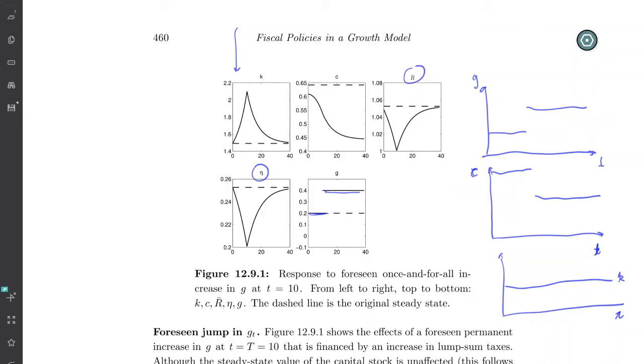And you should ask yourself, why doesn't it happen? It doesn't happen in competitive equilibrium. And what does happen is our consumers have utility functions that have curvature.